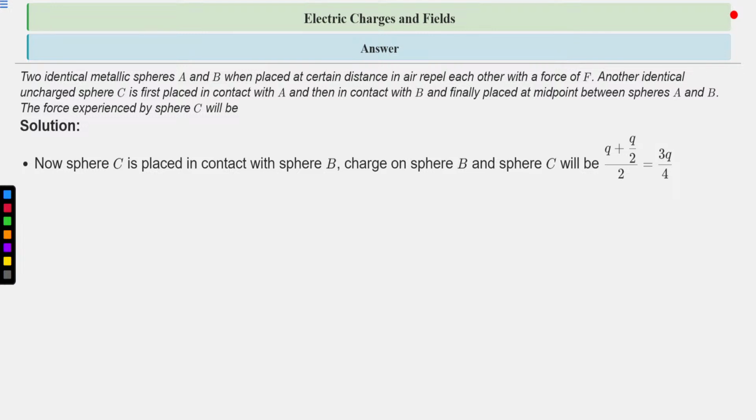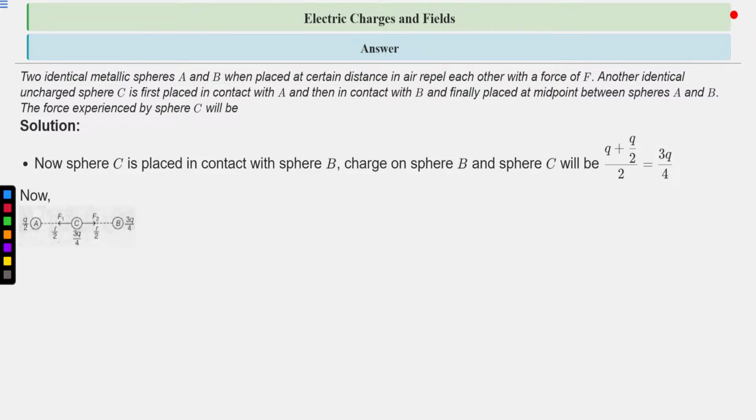Now, the charge becomes half of the net charge, which is Q plus Q by 2, where Q is on B and Q by 2 is on C, upon 2. That is 3Q by 4. Now, after contact, the charge on both the spheres B and C will become 3Q by 4.